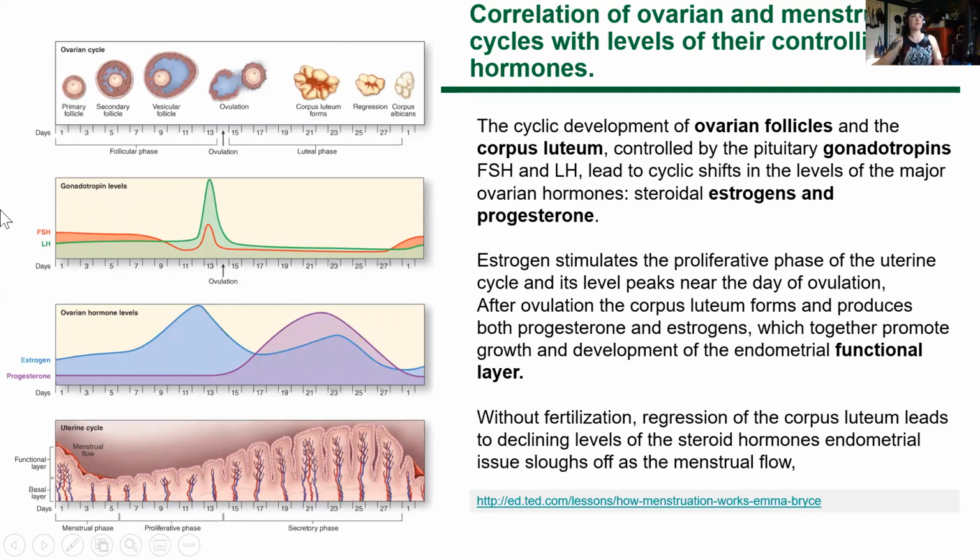So FSH during the initial phase is going to literally stimulate the ovarian follicles to grow. And because we have more and more granulosa cells as the size of the follicle increases, you can also see that the amount of estrogen increases corresponding to the size and number of developing follicles. So it's just proportional to how many granulosa cells there are.